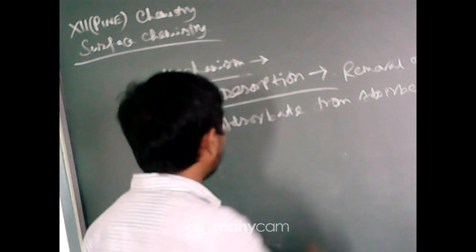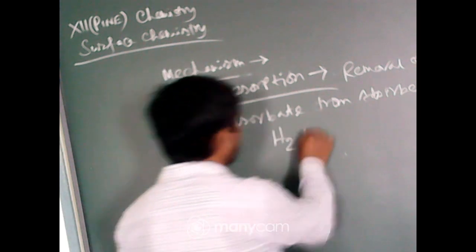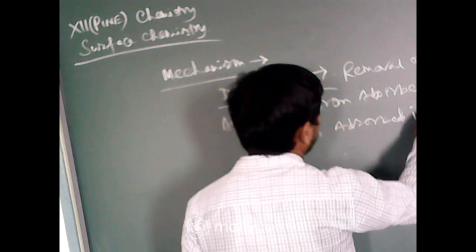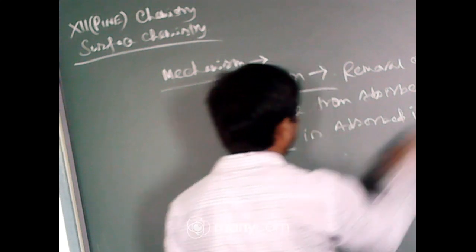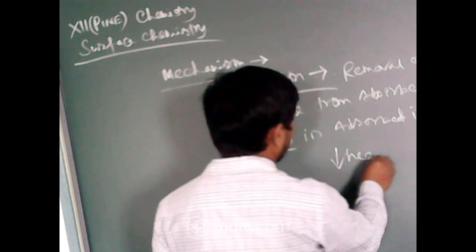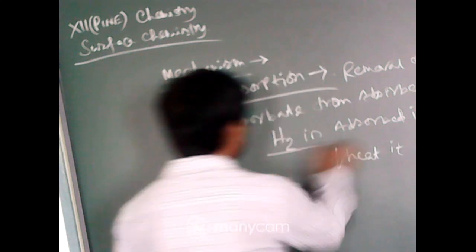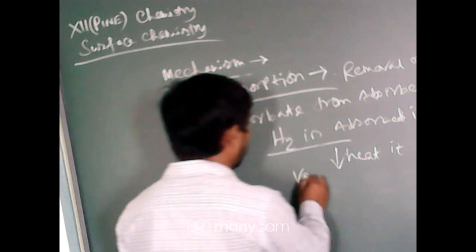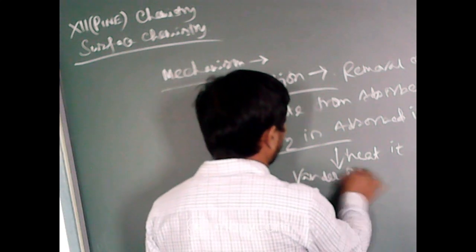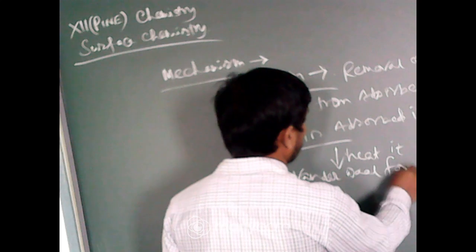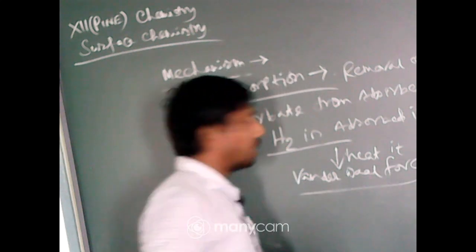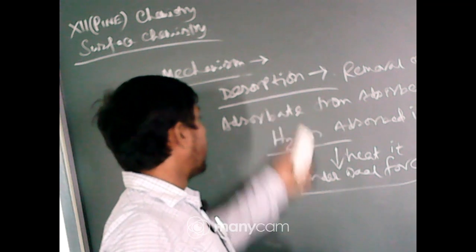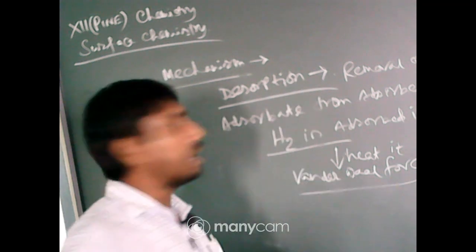Okay. Now, when hydrogen is adsorbed on palladium and we heat it, there is only a weak interaction, sometimes van der Waals forces, and when we heat it, the bond becomes weakened and the adsorbate comes out from the adsorbent.